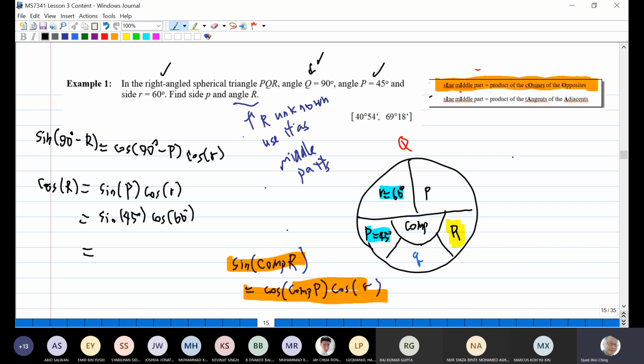You press the calculator now. Sine 45 degree times cosine 60 degree will become 0.3535. So what is R now? R equals cosine inverse of 0.3535. You press the calculator, shift cosine inverse, answer, and then you get 69.29.